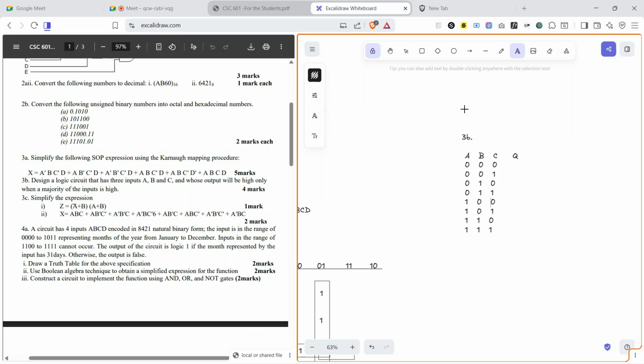So we're told that the output, where's the question again? 3B, yeah, whose output will be high only.